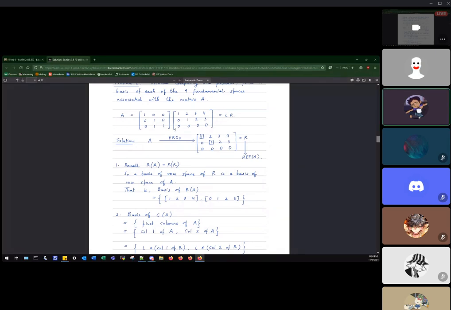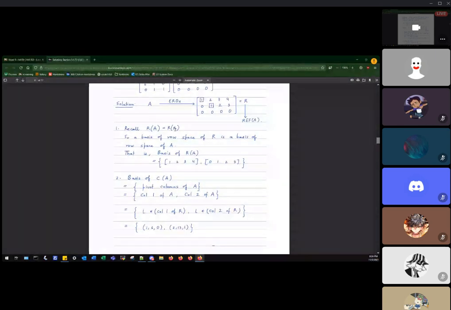Yeah, my professor said the column space would change if you reduce the matrix. Oh, that's why it says L times column of R. Because I think you put it back. Okay, yeah, that makes sense.